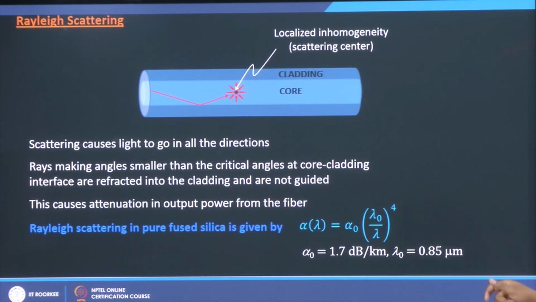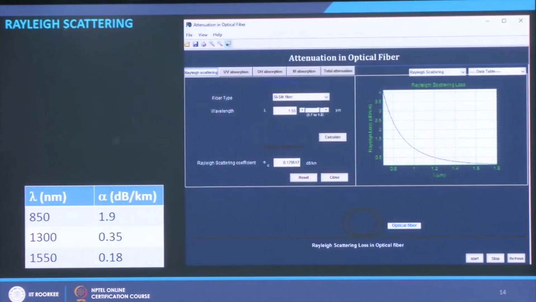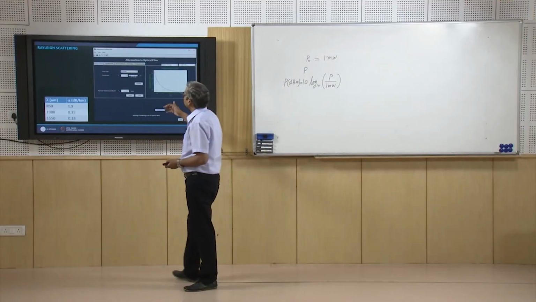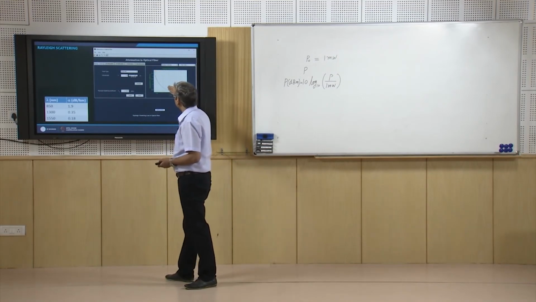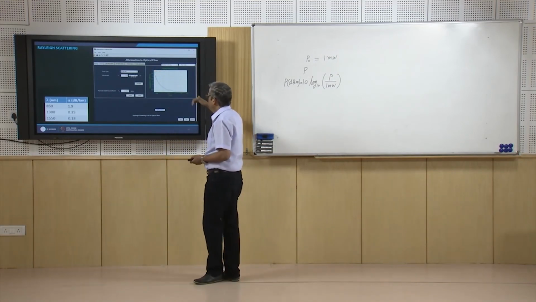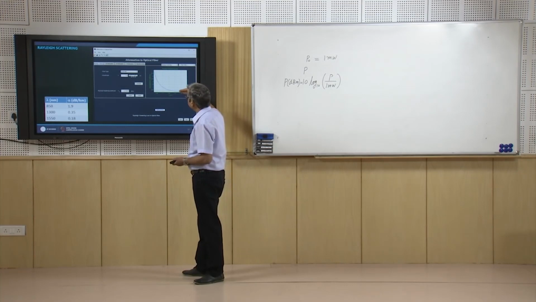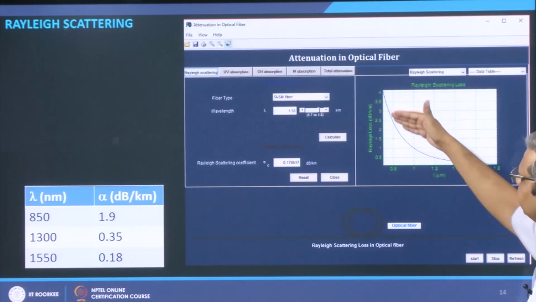So, if I know this formula, I can find out loss at any wavelength. This shows how Rayleigh scattering loss varies with wavelength, and I can see that as I decrease wavelength the loss increases.